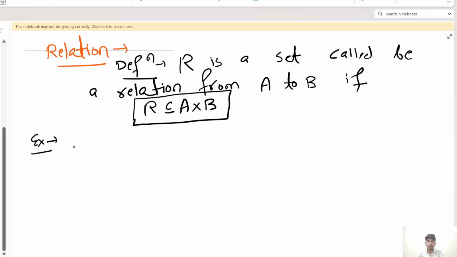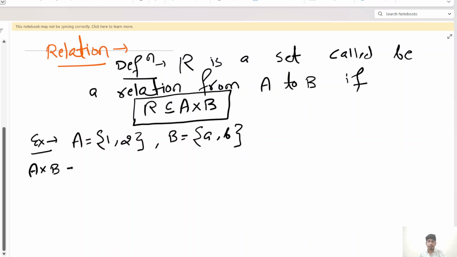Example: let our A be {1, 2} and B be {a, b}. Then what is A cross B? (1, a), (1, b), (2, a), (2, b).